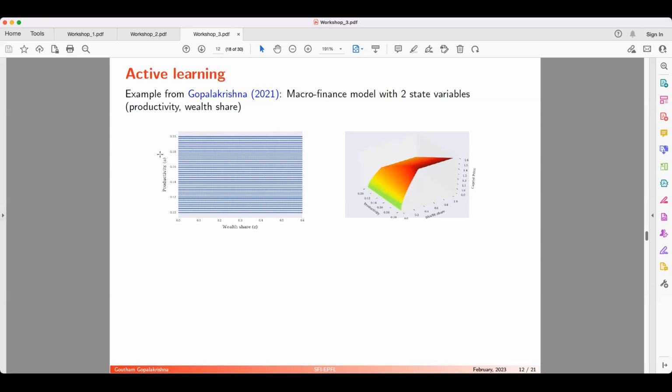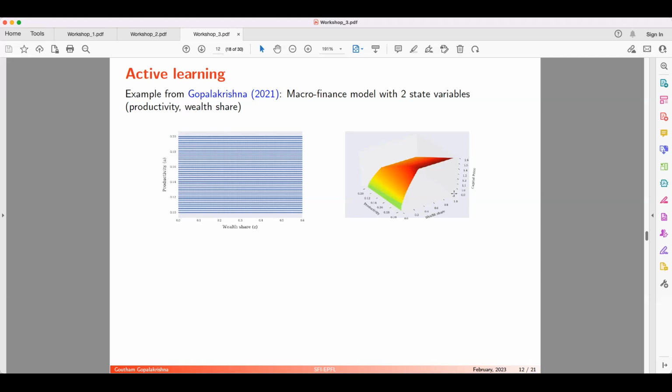But in addition, you also have another state variable here. And so it's a 2-dimensional problem. And if you were to use finite difference methods, you would use the entire grid like this. There are lots of grid points on the wealth share dimension because it's an endogenous variable, and some sparse points on the productivity dimension. The optimal policy is going to look like this.